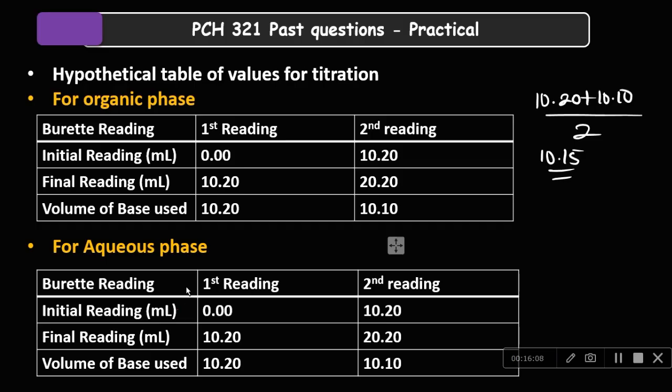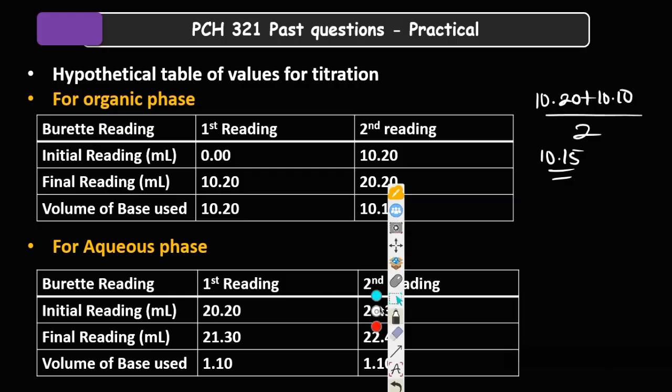While for the aqueous phase, the amount of base used, is this still the same? No, it can't be the same. Oh, this is an error. It can't be the same. So these are your theta values for the aqueous phase. Now what will be the average value used? Now recall that this is calibrated in centimeter cube.